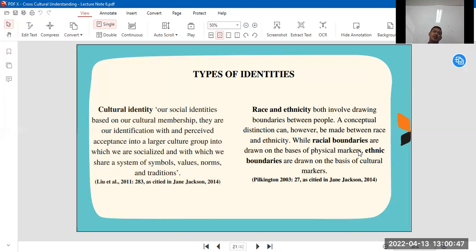While some individuals may feel a strong attachment to the larger cultural group, others may feel a weak bond to it.